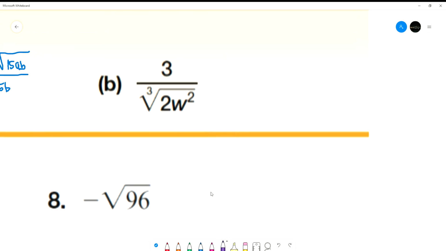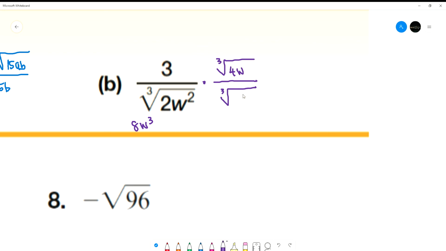We have cube root. So the smallest cube that I see is 8w cubed. So I have to multiply this by the cube root of 4w, which will give me 8w cubed.